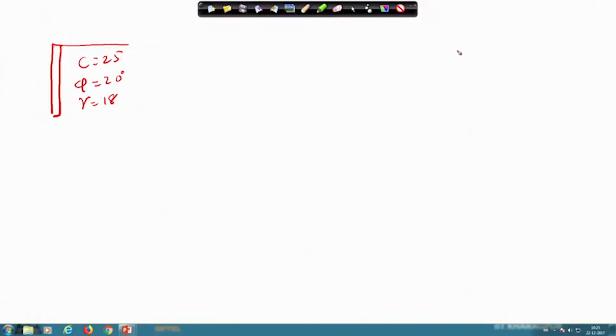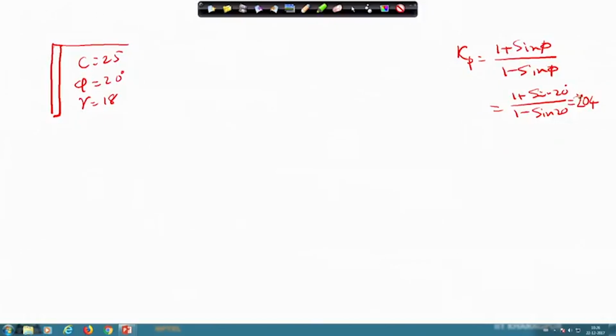I have to find Kp equal to 1 plus sin phi by 1 minus sin phi. So, it will be 1 plus sin 20 divided by 1 minus sin 20, and the value is 2.04. Kp is 2.04.